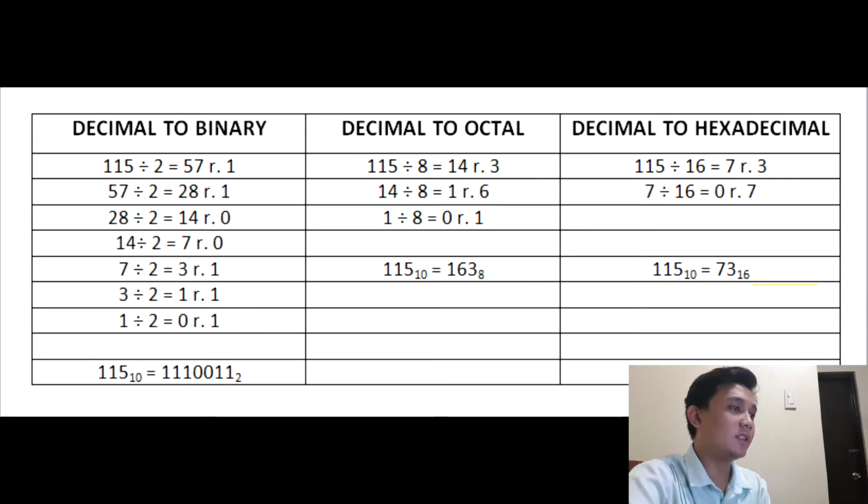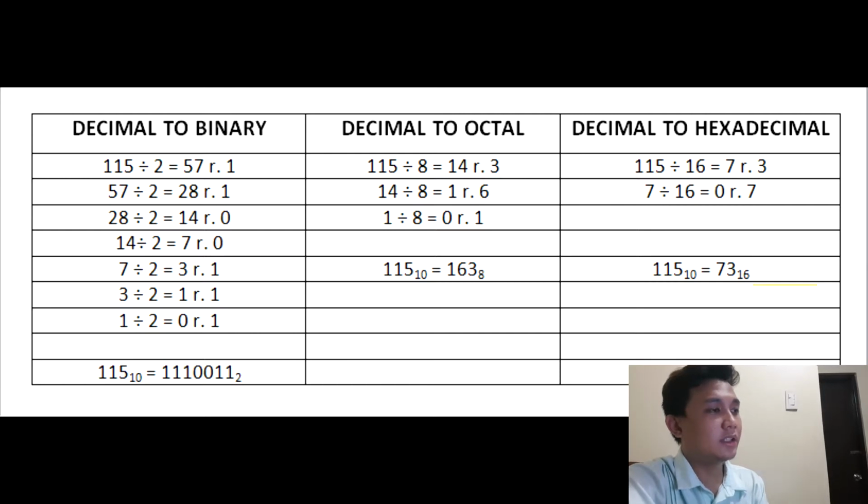Next, write down the remainder after the division operation. Step 3, repeat step 1 until the quotient is equal to 0. Lastly, get all the remainders from top to bottom and write them starting from right to left. So in this example, decimal number 115 is equal to binary number 110011.